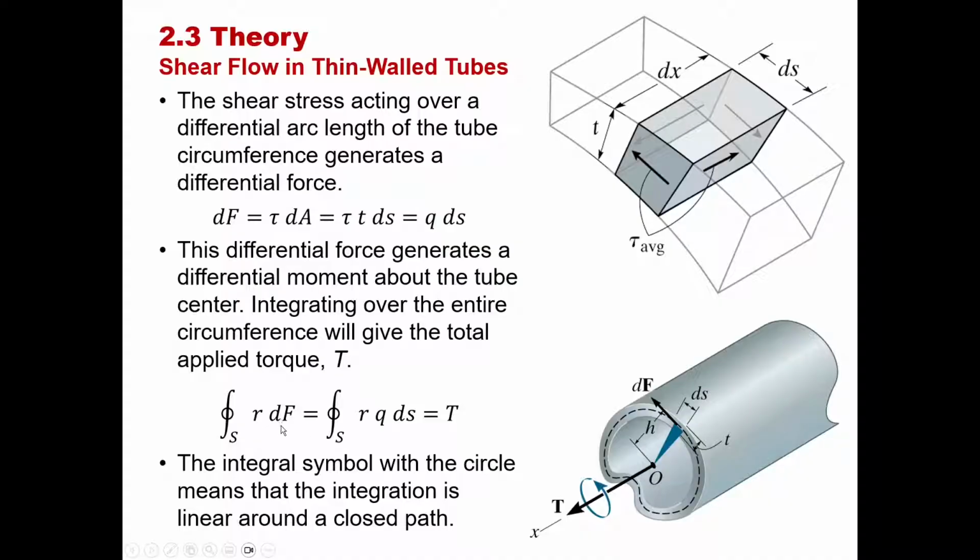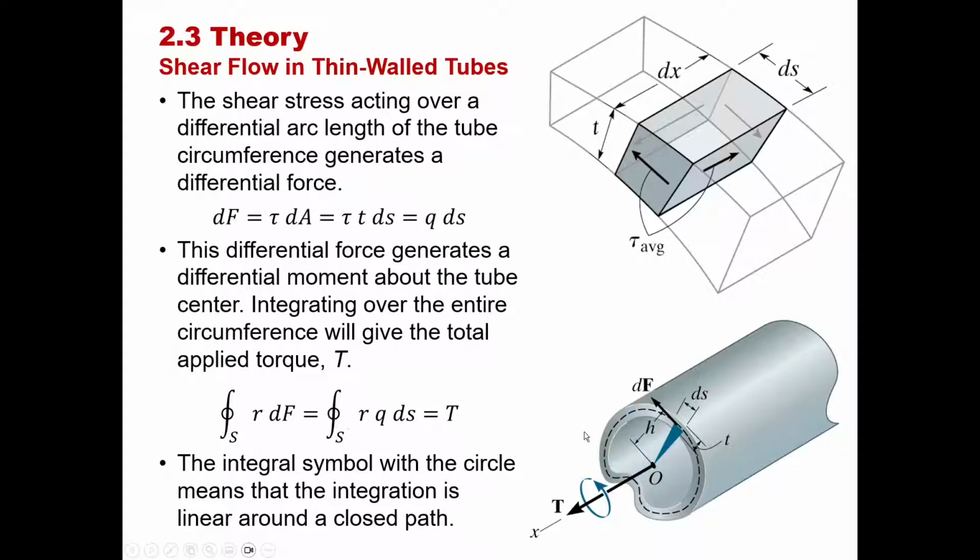And we said just a while ago that we figured out what dF was. dF was our shear stress times our thickness times ds, and we defined shear stress times thickness to be shear flow. So if we integrate all the way around the circumference of the shaft, the radius times the shear flow is going to be equal to the torque.